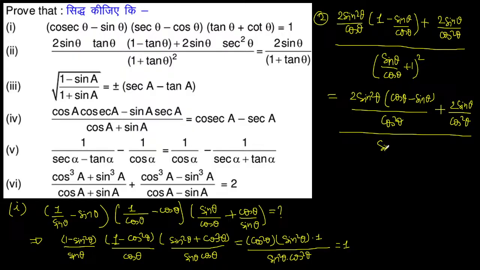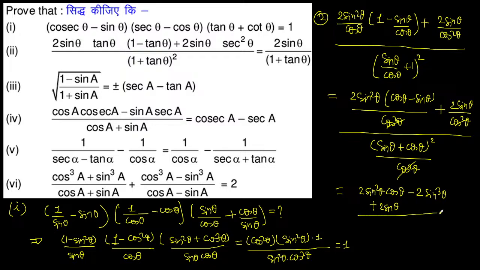This is sine theta plus cos theta whole square upon cos square theta. This got cancelled. We are left with 2 sine square cos theta minus 2 sine cube theta, and here we have 2 sine theta.